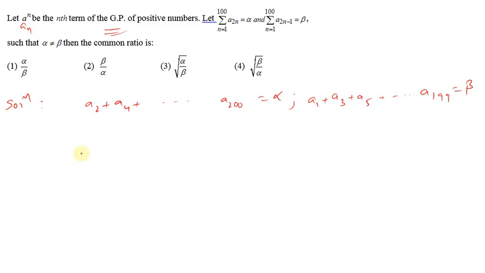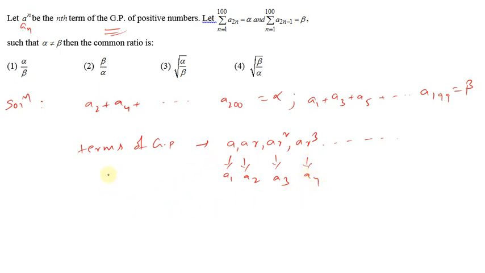So the terms in GP are nothing but a, ar, ar square. There is no particular specification of taking two terms or three terms, so that's why I'm taking general terms like this: ar square, ar cube, and so on. So this one is the first term a1, this is a2, this is a3, and this is a4.